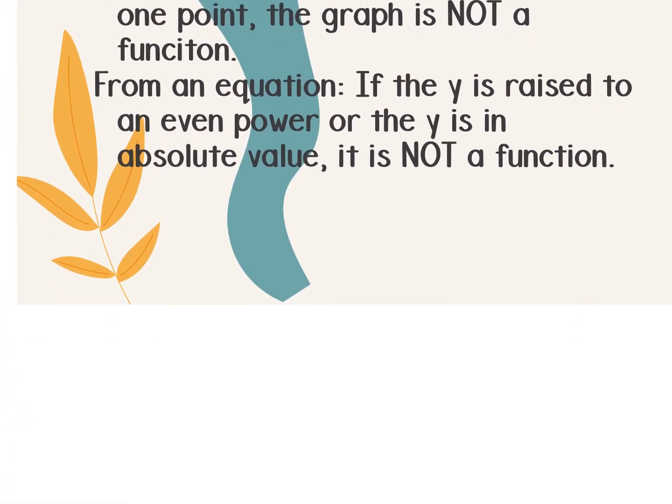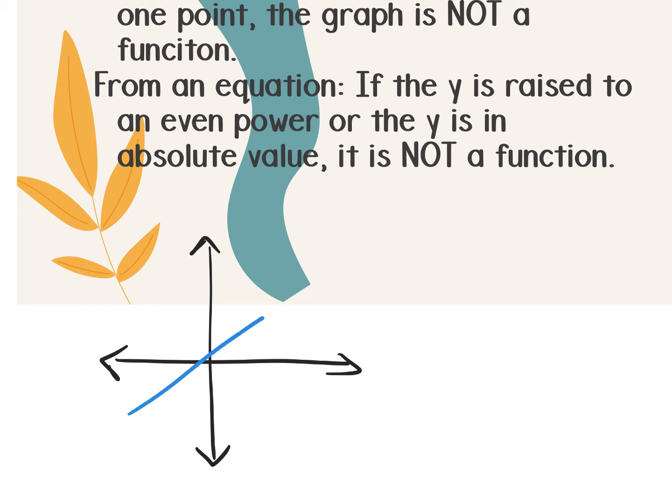So all linear functions, or all graphs of lines, are going to be functions unless it's vertical. It can't be a vertical line. So for example, if I drew a line here, this would be a function.